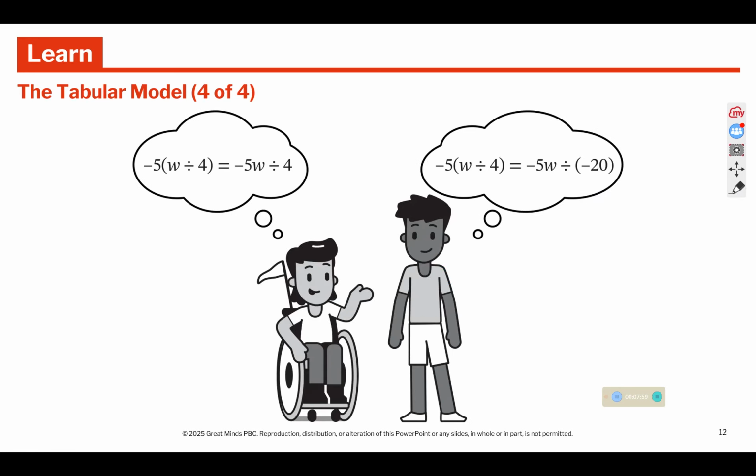Do you think that either of these students are correct? This student said 5 times W is 5W and then divide by 4. This one said 5 times W is 5W, but 5 times 4 would be 20. And then the negatives are thrown in there also. So -5, -5, and -20.